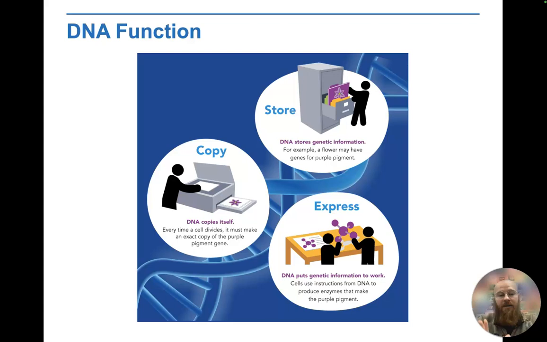The first thing is DNA stores all of our genetic information, right? So we said that DNA is basically this long double strand of all of our nucleotide bases. And if you take enough of those letters together, you can put them together into what we call genes, kind of like words in an overall sentence. And these genes all mean a specific thing.